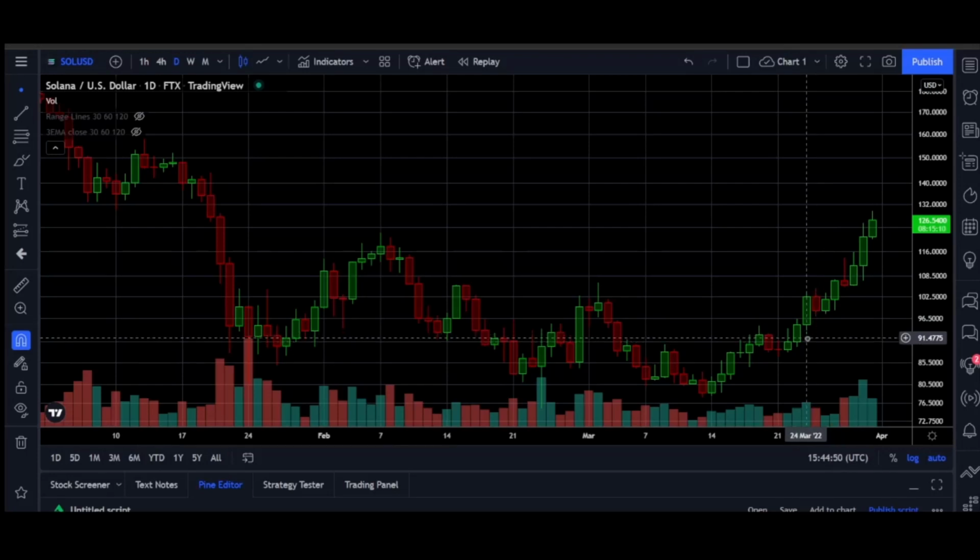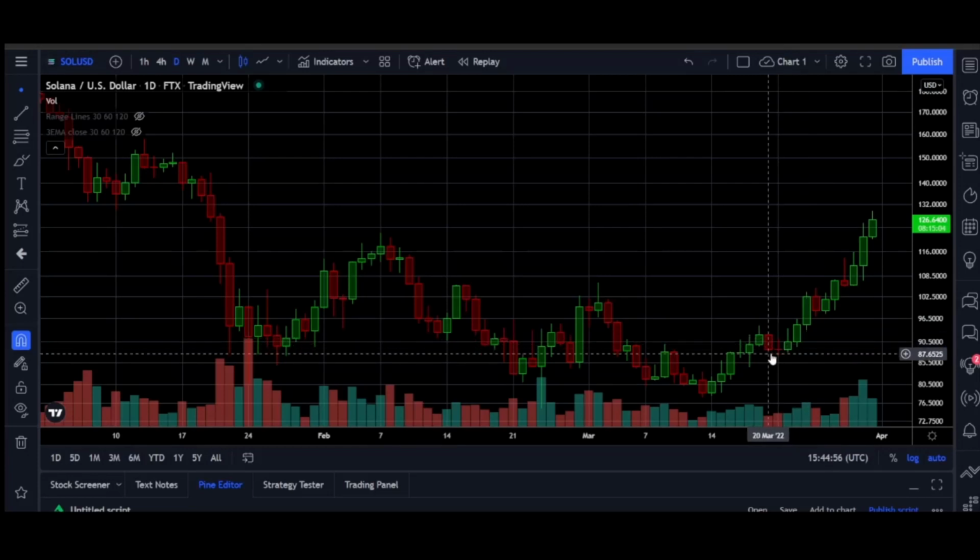Now, if you're familiar with how impermanent loss works, you should know that this is not good for you, because as the price goes up, your pool becomes imbalanced. It starts out with a 50-50 balance, but as the value of SOL increases, you have more SOL than you do USDC.